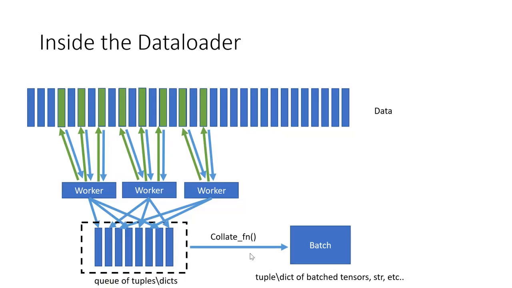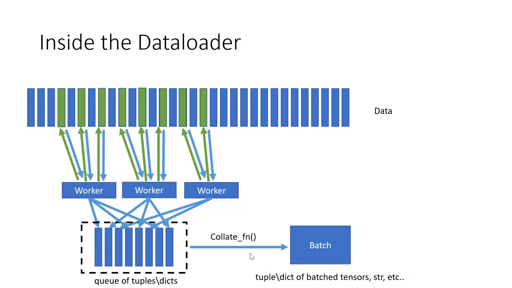This can also be a batch of strings or a batch of lists or something like that. The idea of the collate function is that it takes many instances of the tuple or the dicts and puts them into one instance of a batch of tensors or a batch of strings. So that's what the collate function does.